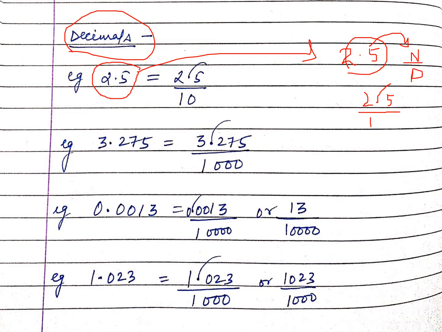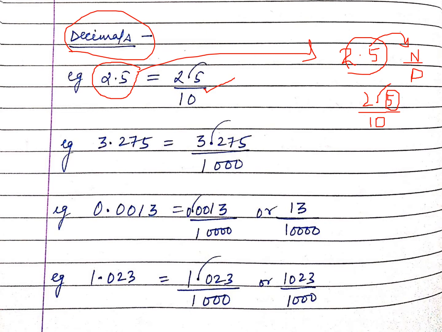After this, count the number of digits coming after the decimal. You can see only 5 is coming after the decimal. That is why we will place only one 0 in the denominator. That is why 2.5 is written as 25 upon 10.